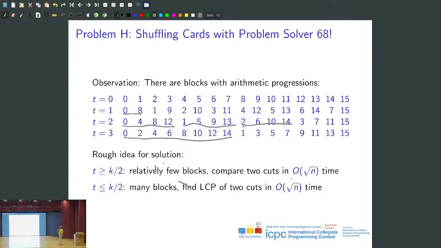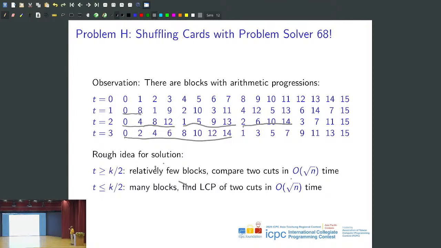And you see, if T is big, then these blocks are relatively large, and you can compare the end results of the shuffles of two cuts basically in time proportional to the number of blocks. So then the number of blocks is not so big. You can do one comparison in square root of n.